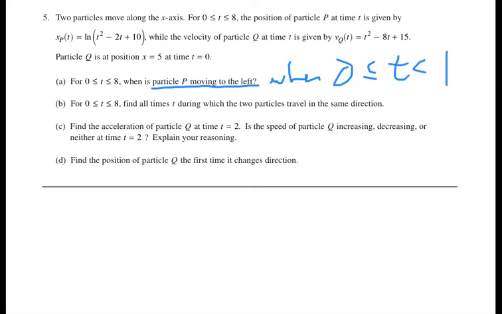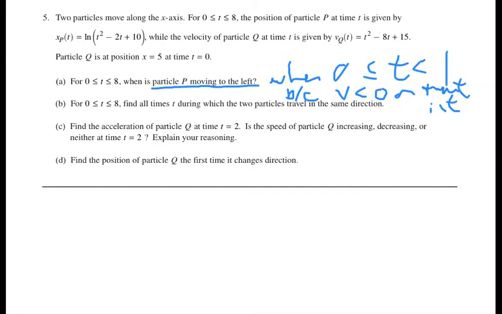Not equal to 1 because that's when the object would be stopped. So that would be the answer to number 1. And it doesn't say why, but if it did say why, it would be because B is less than 0 on that interval, in case that says it on the test.